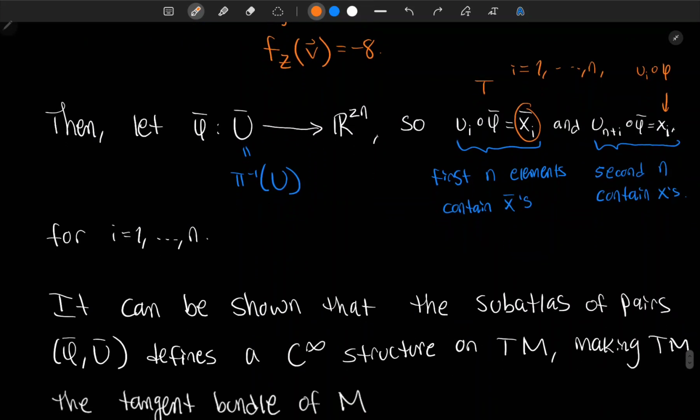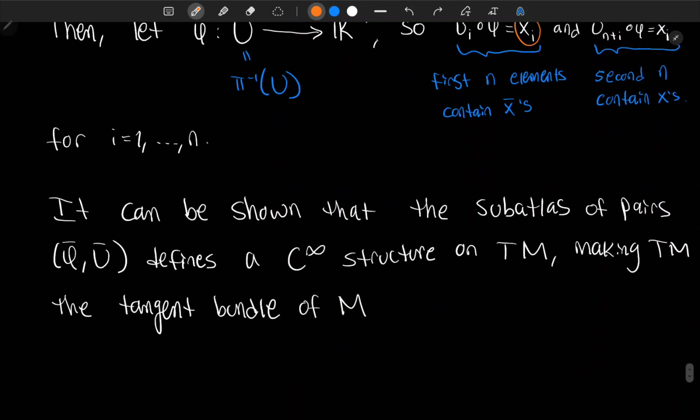So it can be shown that the subatlas of pairs given by phi hat and u hat defines a C-infinity structure on TM. And with this structure, TM is the tangent bundle of M.